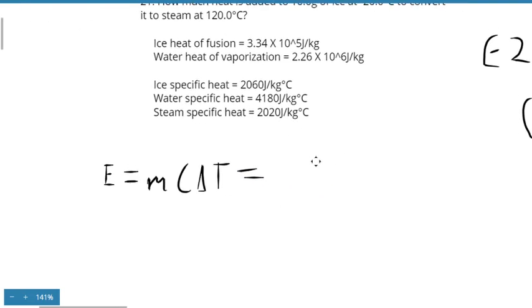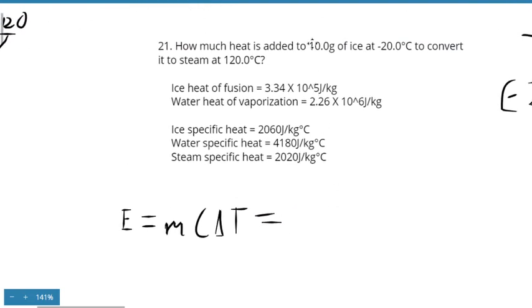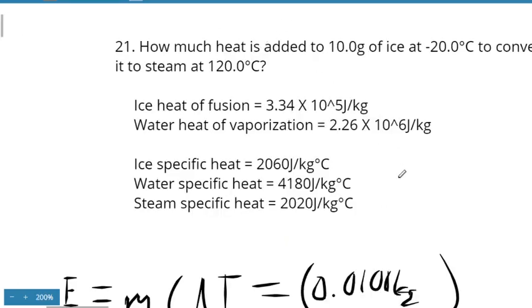So we take the mass, which is 10 grams. If we change that to kilograms, we get 0.0100 kg. We should probably rewrite that.